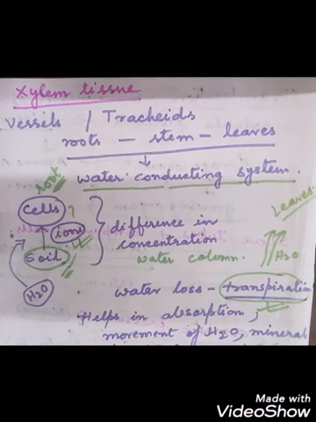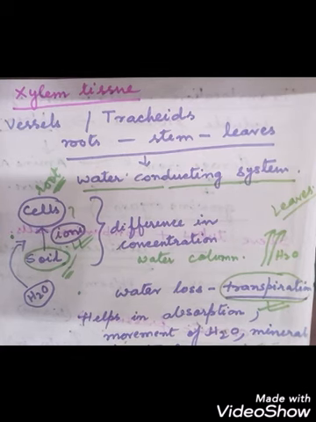So if the plant is supplied by an adequate amount of water, then the plant can take in the water continuously, and the water column will go up till the end part of the plant in the top, even in the tall trees also.